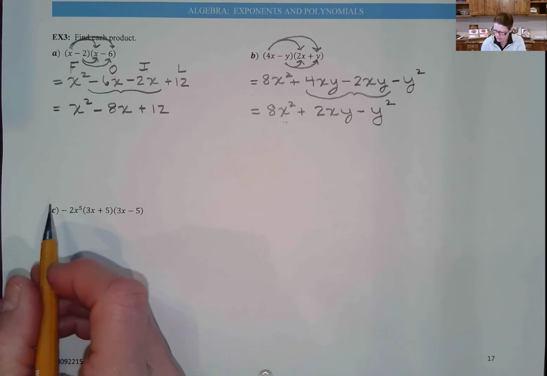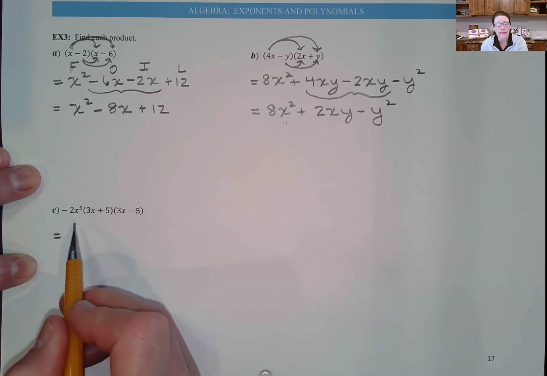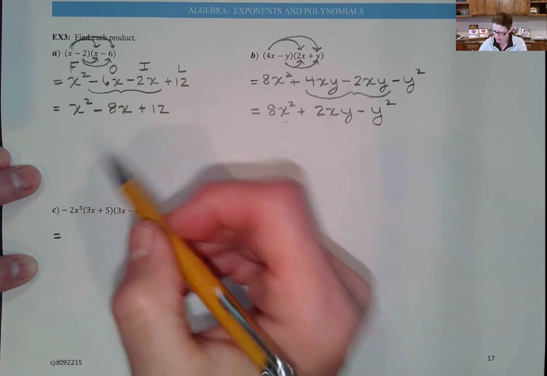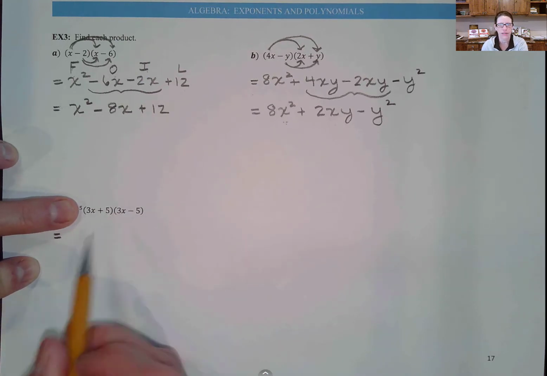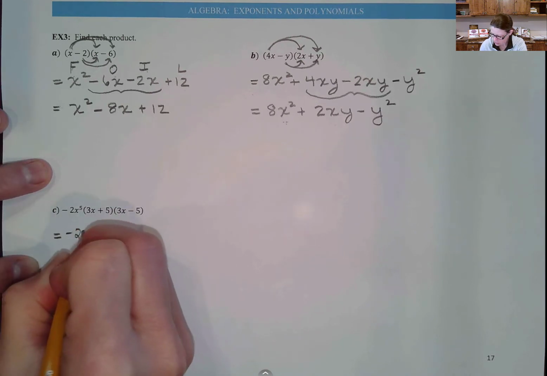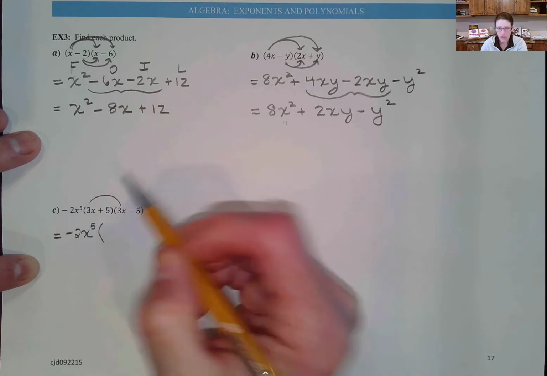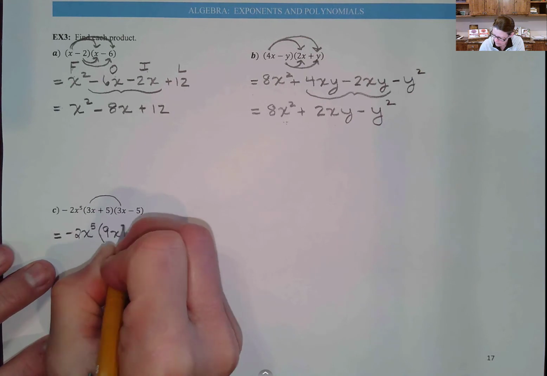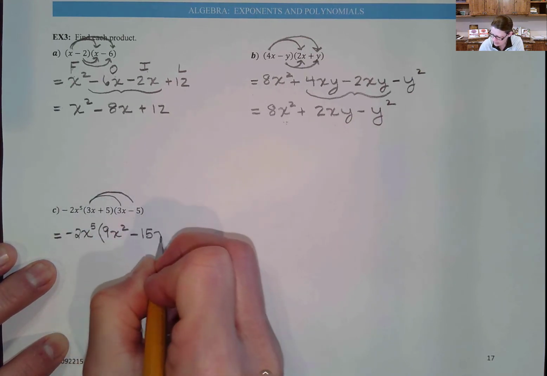In part C here of example 3, we've got 3 polynomials to multiply, and we can start with any 2 of them. I'm going to start with the last 2, our binomials, because something unique is going to happen here. So let's just write our minus 2x to the 5th so we don't lose it. Open a parenthesis and let's FOIL. 3x times 3x is 9x squared. Outer product, minus 15x.